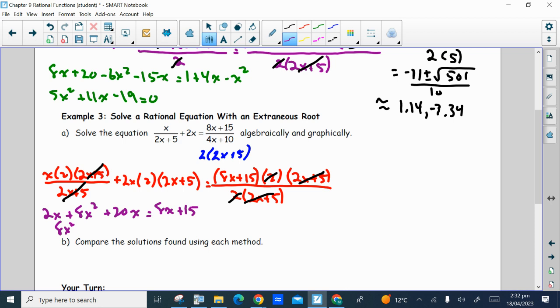Make it equal to 0. We subtract the 8x from both sides and subtract the 15 from both sides.